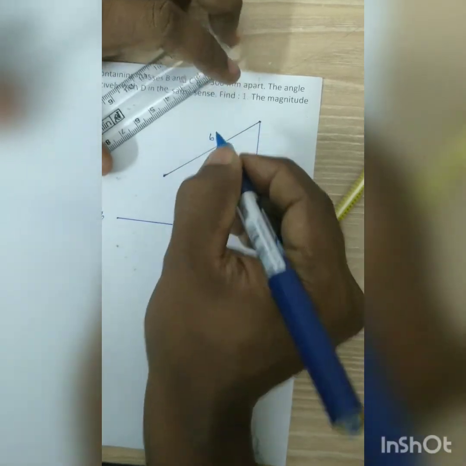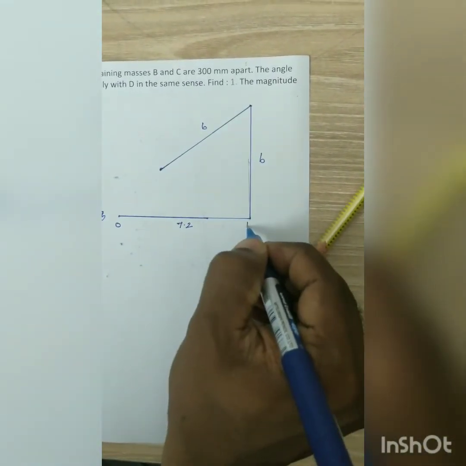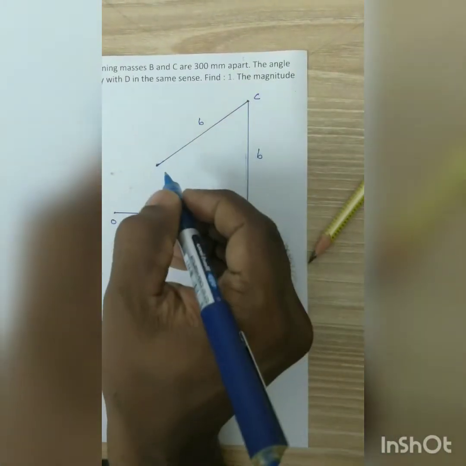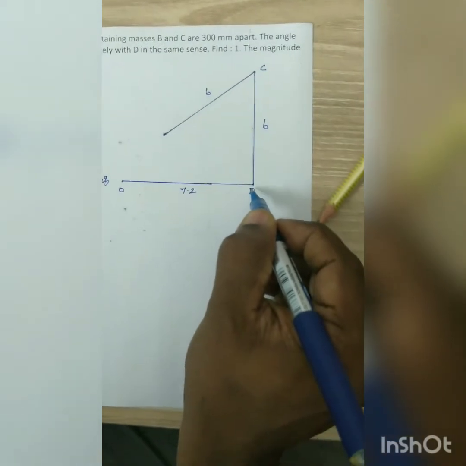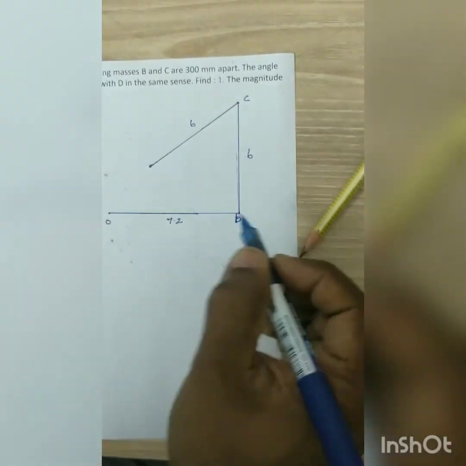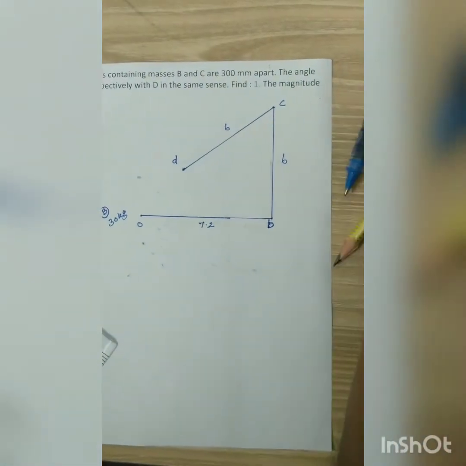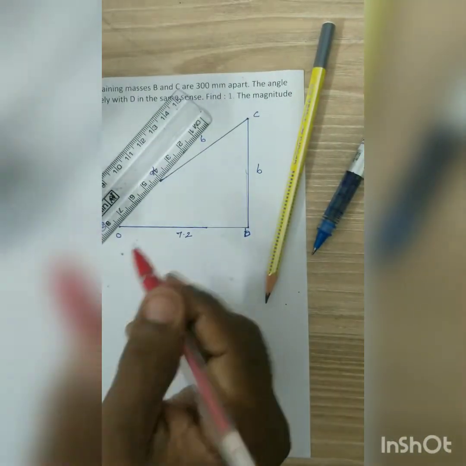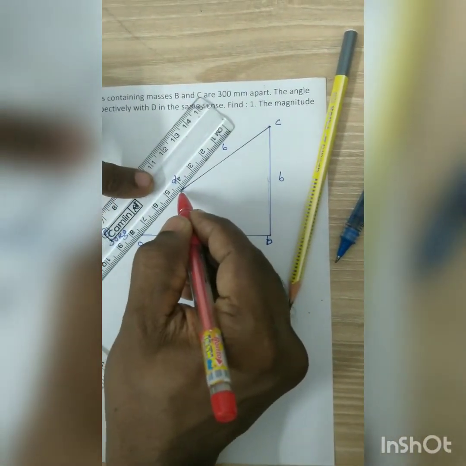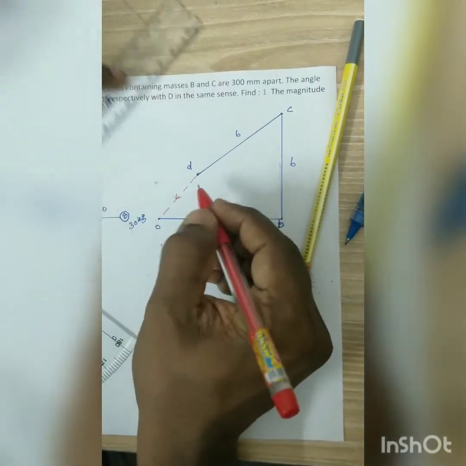When you mark it, it is O, B, C, D. So this will be the resultant force, that is unknown. This is unknown. So I put it in red to show that this is unknown.